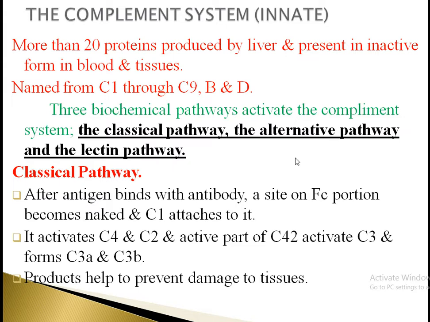Again, the main action is to defend our body. For that, we have the complement system, which is actually a combination of three basic pathways: the classical pathway, the alternate pathway, and the lectin pathway.